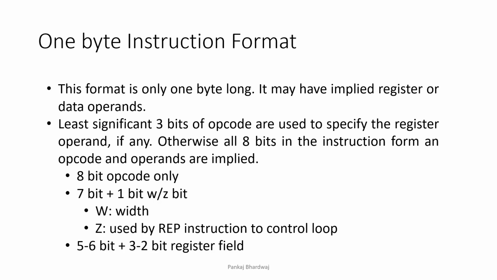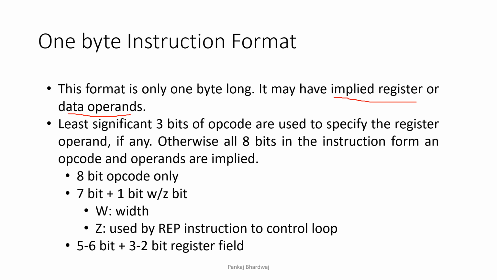The 1 byte instruction format, as the name suggests, is 8 bits long. Because of the 8 bits, it may have an implied register or it may have data operands only.